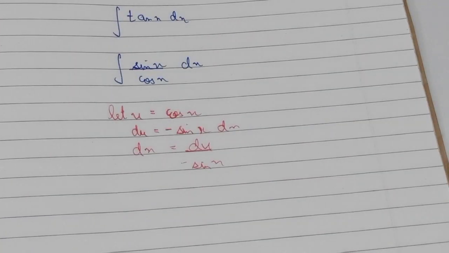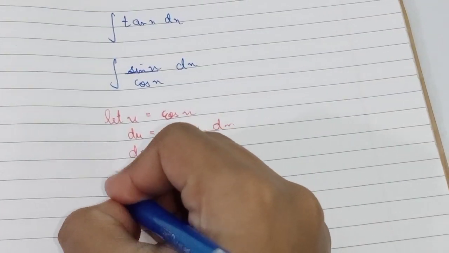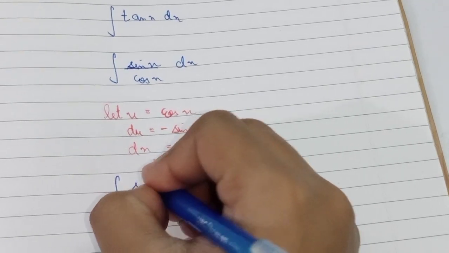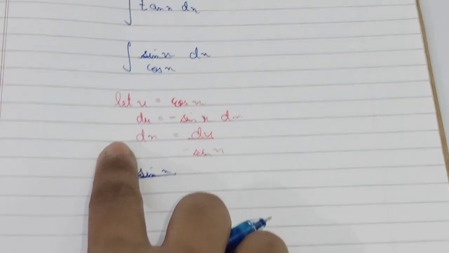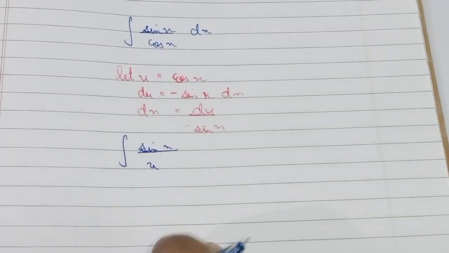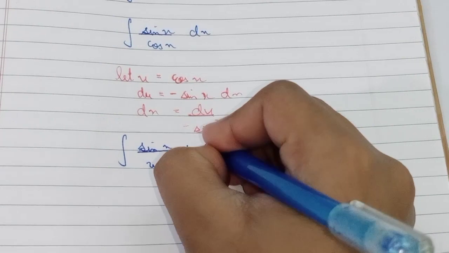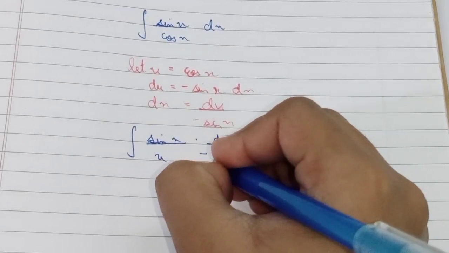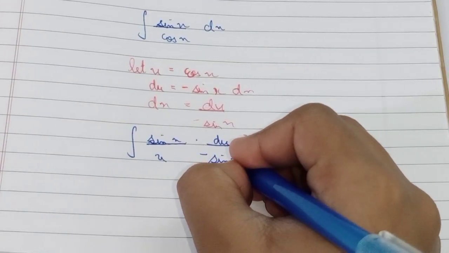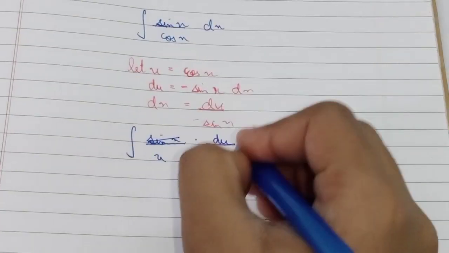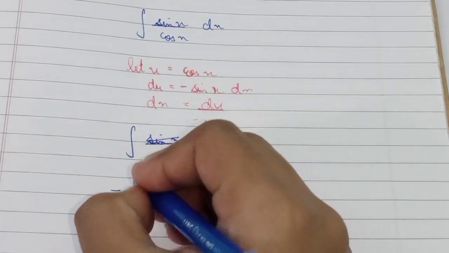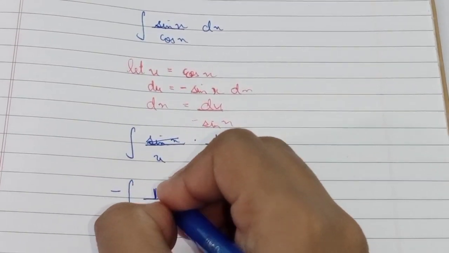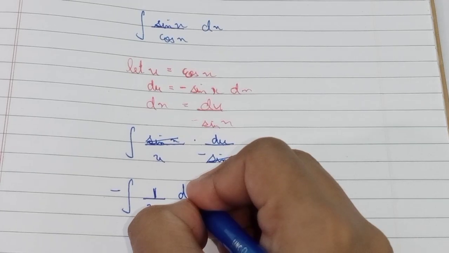Now if we substitute, we will get the integral of sin x upon u, because cosine x is u here, into du upon negative sin x. Sin x and sin x cancel. Taking this negative outside, we will get negative integral of 1 upon u du.